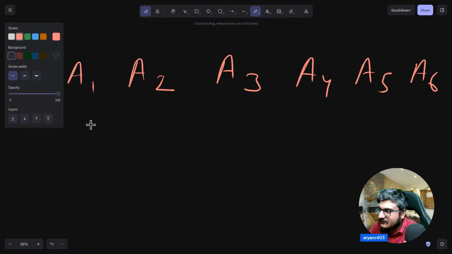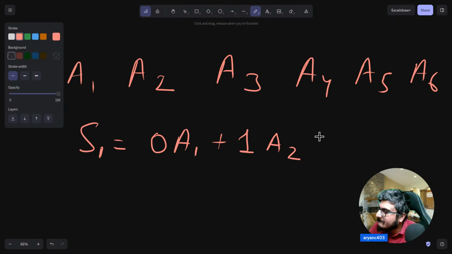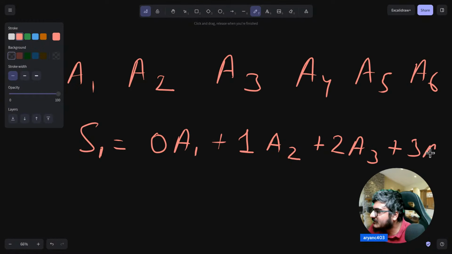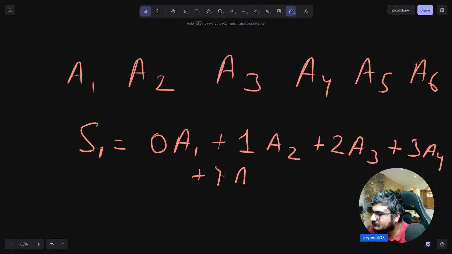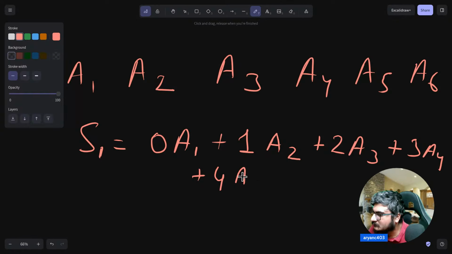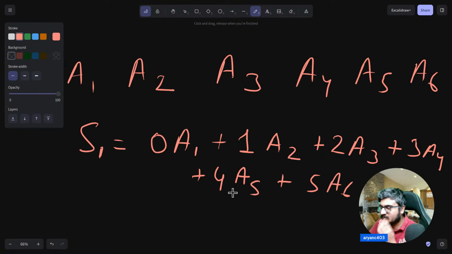Now we define a sequence, for example, S1, which would be like this: 0 into a1 plus 1 into a2 plus 2 into a3 plus 3 into a4 plus 4 into a5 plus 5 into a6. This is what S1 is.